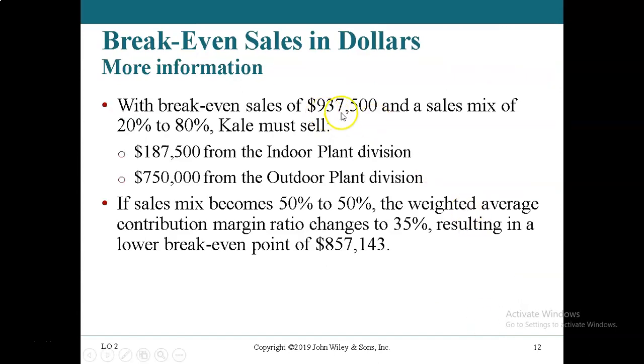So 937,500 is the total sales we have to break even. Remember, we do 20% of our business from indoor plant. So 937,500 times 20% is 187,500. And outdoor would be 937,500 times 80%, which is $750,000.